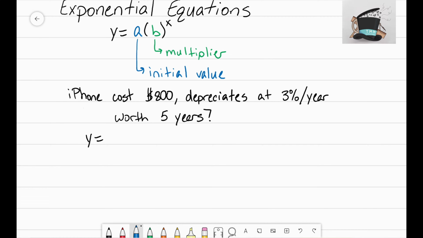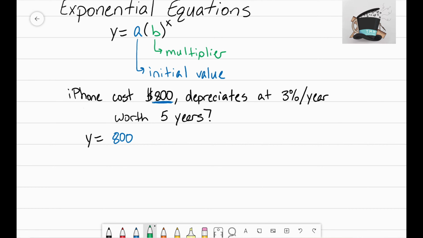And now I need to figure out what my initial value is. Well, the iPhone cost $800 when I first bought it. So that was its starting value, or its initial value. So this 800 here represents my a term. So instead of writing a, I'm going to write 800.